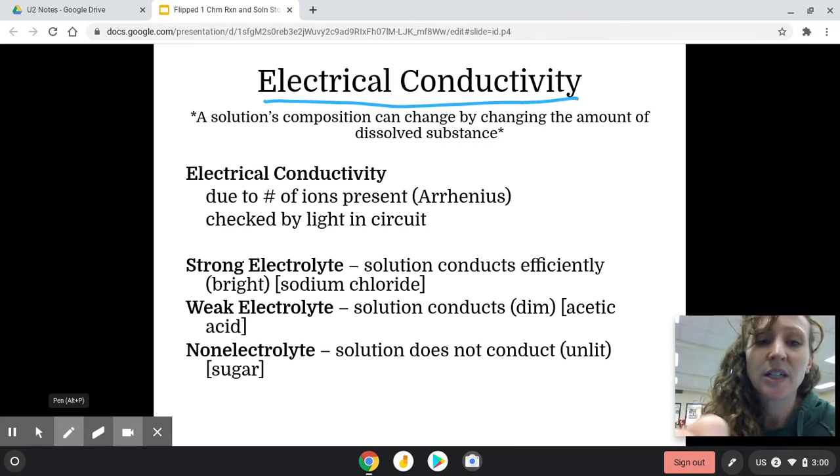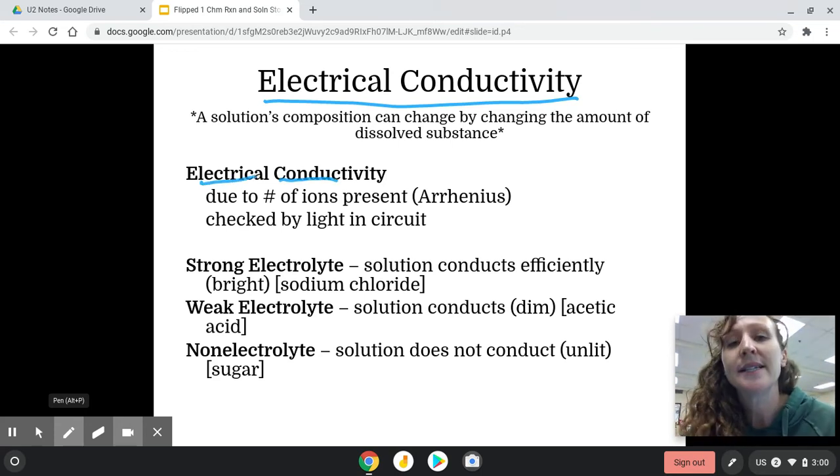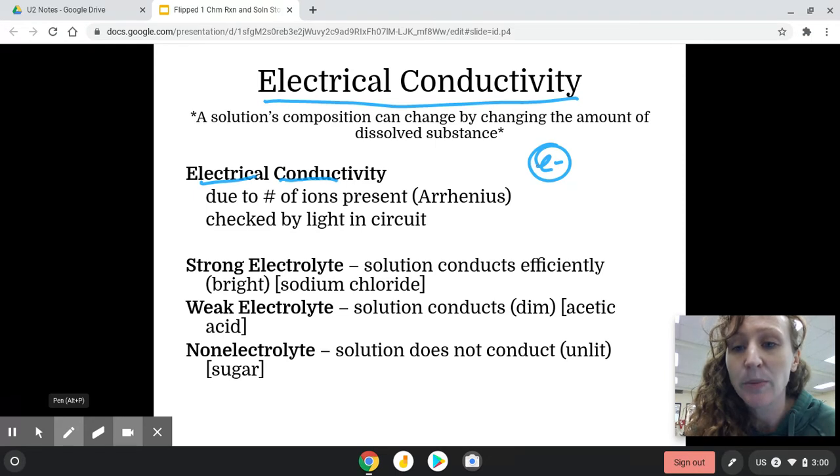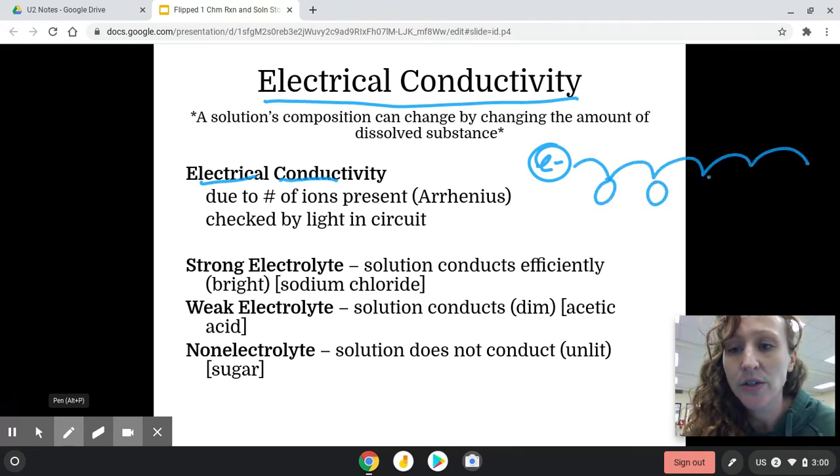First of all, if something conducts electricity, basically what you have is little charged electrons that are jumping from thing to thing to thing in your solution. Electrons have to have some type of charge inside the solution that they can jump from and to.